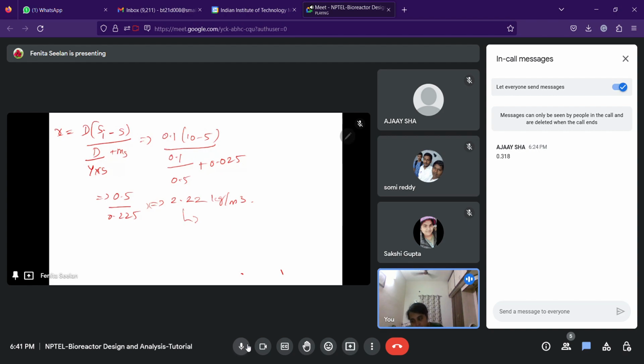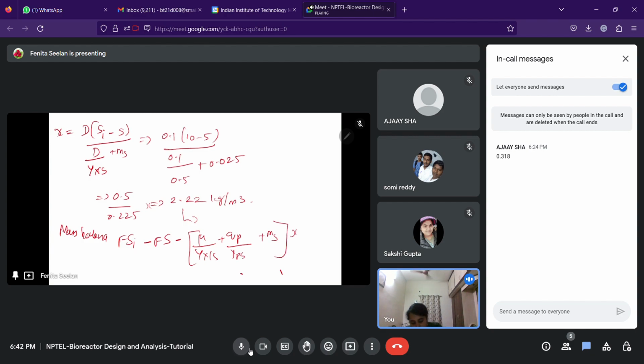If we do the mass balance around the substrate, we get the product term P divided by YP plus ms X into V is equal to 0, right?